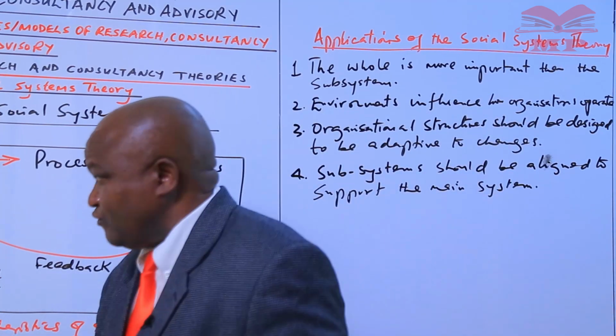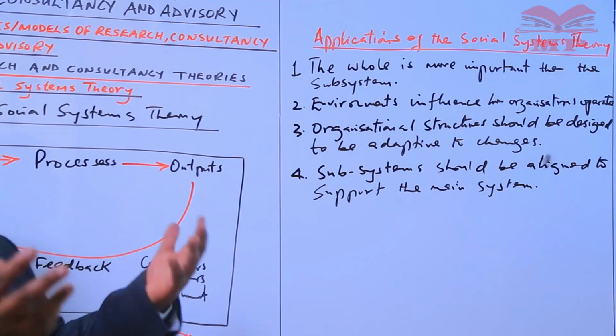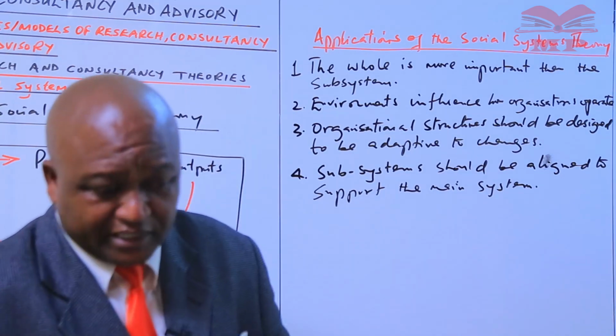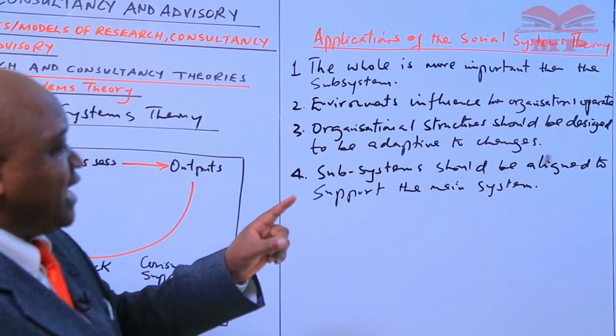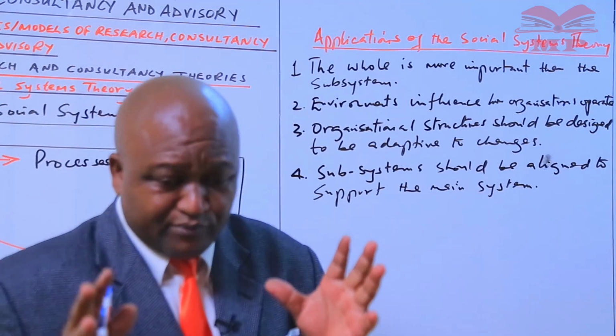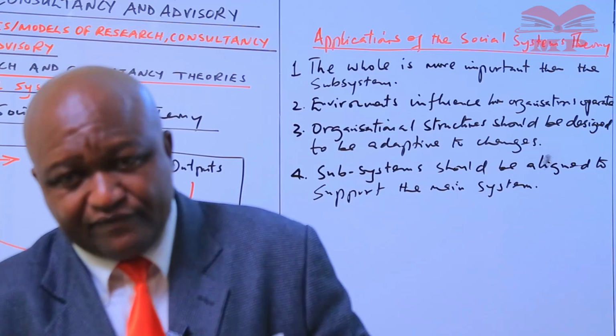So if you have a country, we have given an example that an organization or a country could be the main system or the main organization. So the way subsystems are designed, they should be aligned to support the main system so that the main system can function and function effectively.